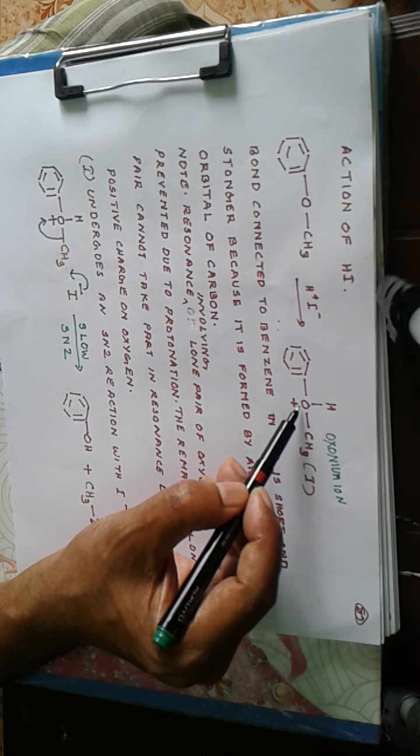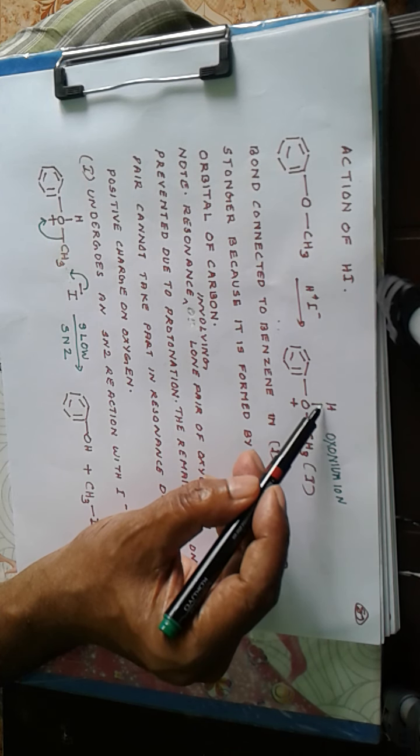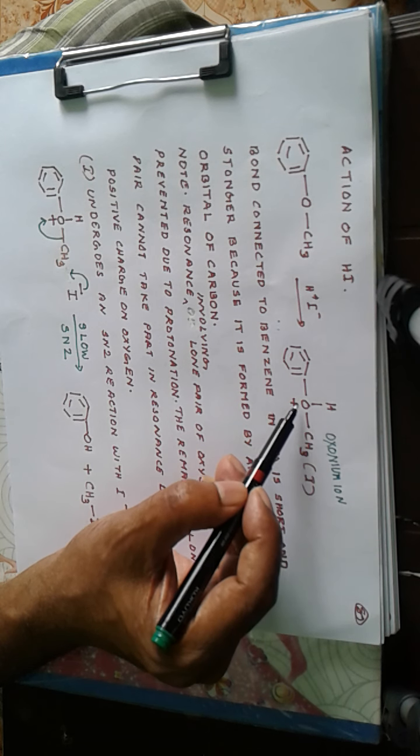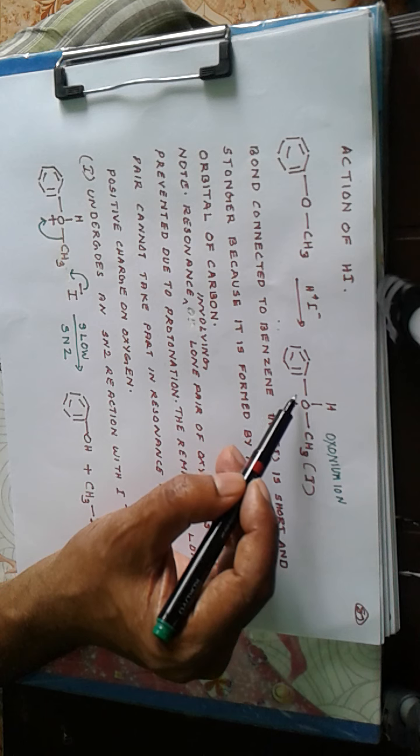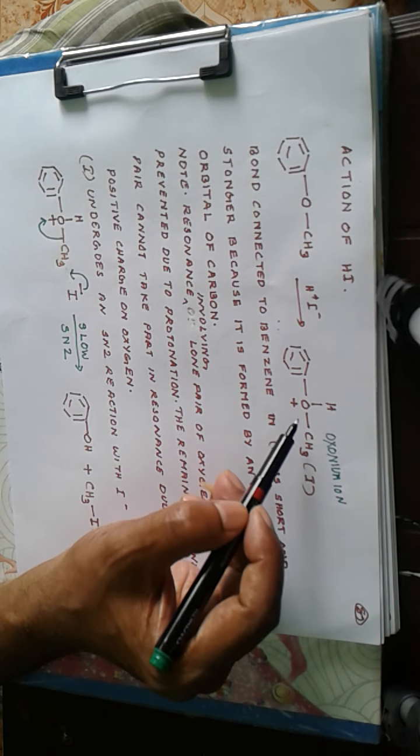Resonance chance is less in this case because one lone pair is there over the oxygen atom, because one pair is given to coordination with the H positive. There is a remaining pair, but that pair of electrons will not enter into resonance because then the oxygen atom will carry a positive 2 charge. That is not possible, or such a canonical structure is highly unstable.